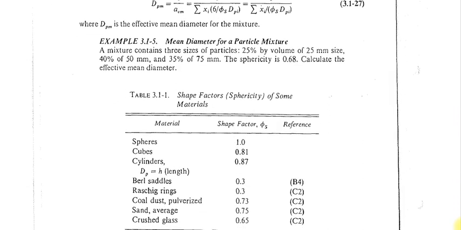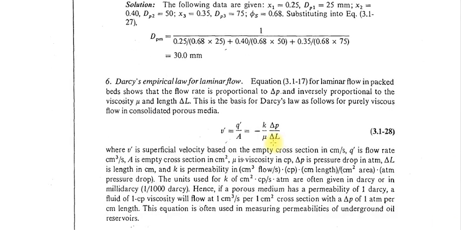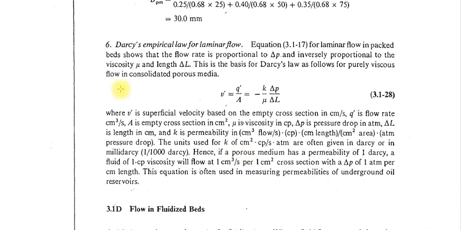Okay, so this is the example where we have calculated the mean specific area, dpm here, and then calculated the mean specific diameter or equivalent diameter. Now we will also discuss a very important law, that is called the Darcy empirical law.